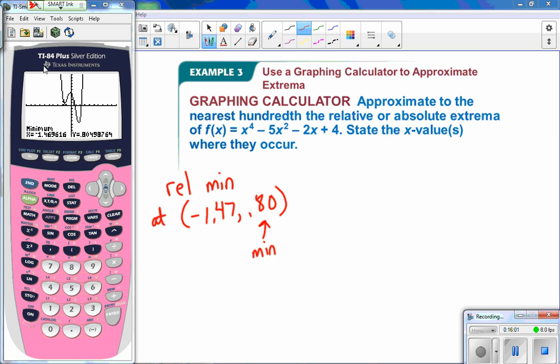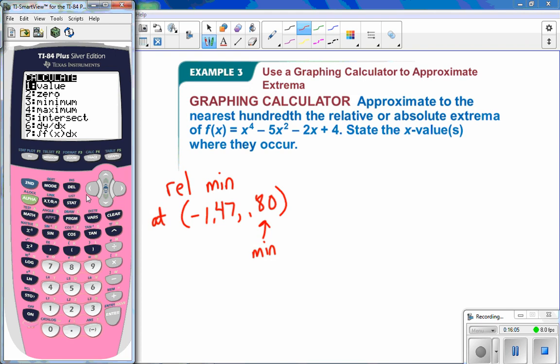To find my relative max, I'm going to go second, calc, max, which is number 4, and put in a guess for the left bound. So I'm going to put in -1. For a right bound, I'm going to put in 1. And for a guess, I'm going to put in 0.